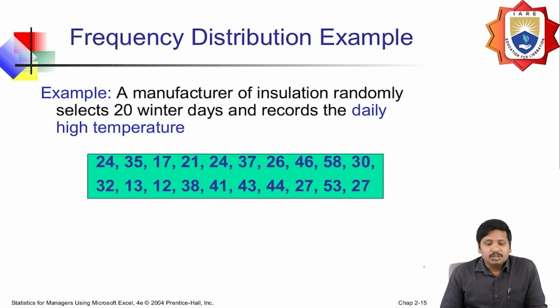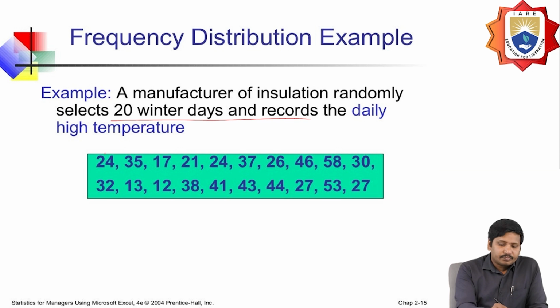So for the frequency distribution, here is an example: the manufacturer of insulation randomly selects 20 winter days and records the daily high temperature. So this is the sample data we're going to have.